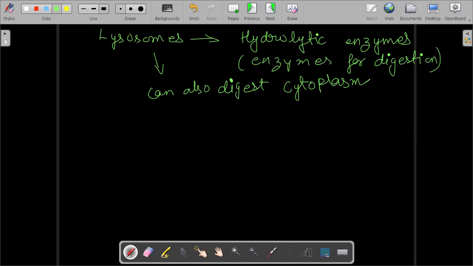As a result, lysosomes are also called suicidal bags. Got it?